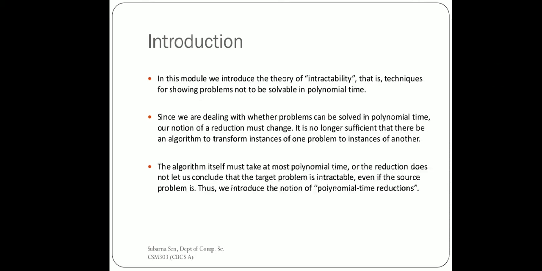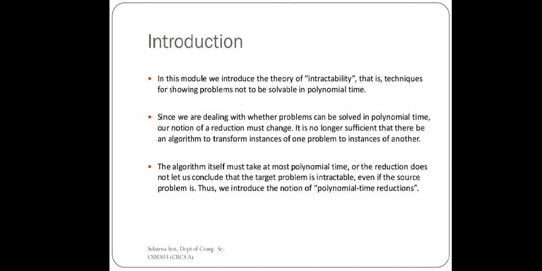So in this module we will introduce the theory of intractability, that is, the techniques for showing that problems cannot be solved in polynomial time. There will be certain problems which you will see cannot be solved in polynomial time.